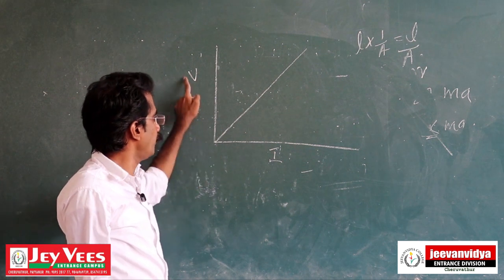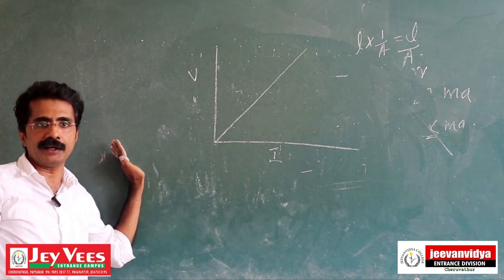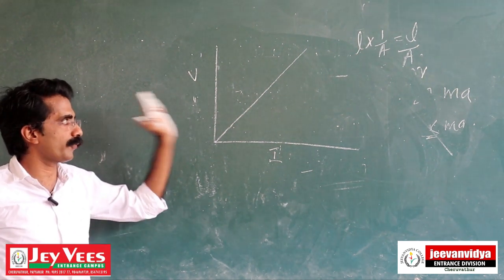It is the nature of the VI graph. The slope is the resistance.